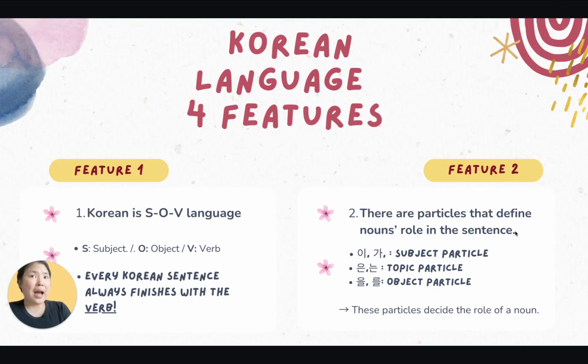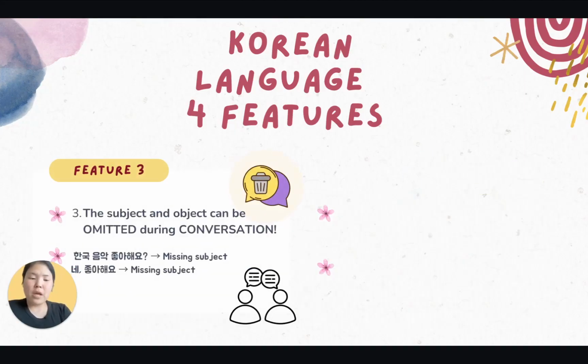Like subject, like I, you, we, right? And then object will be something like, I eat kimchi. Kimchi would be the object. We will look into it more later, but all I want you to remember is that the Korean language has particles. Okay, let's take a look.